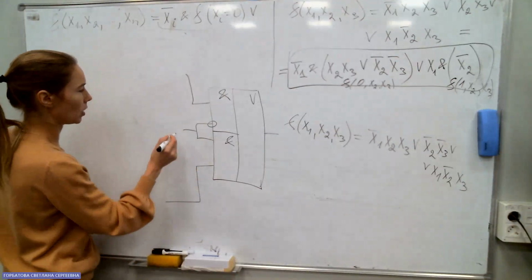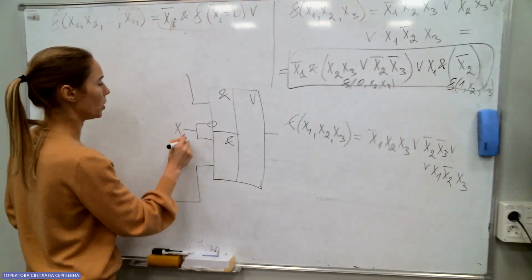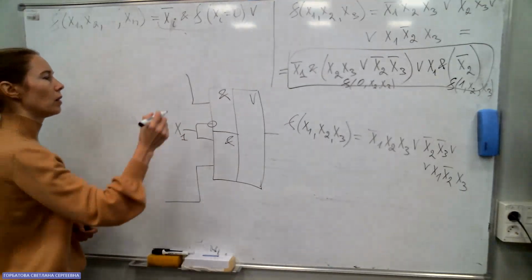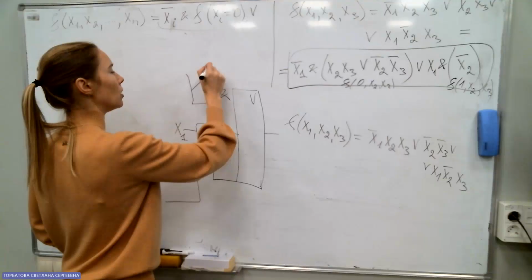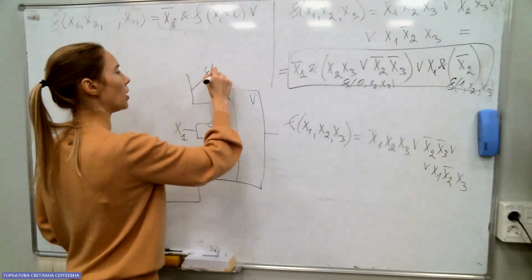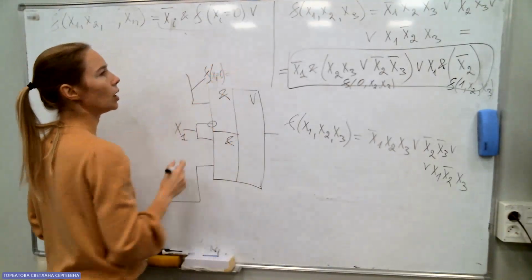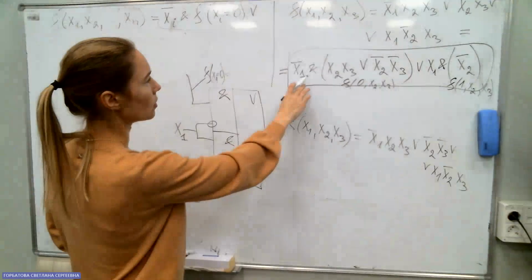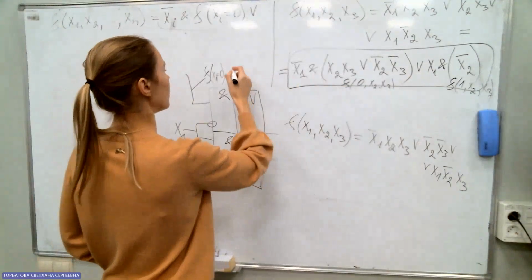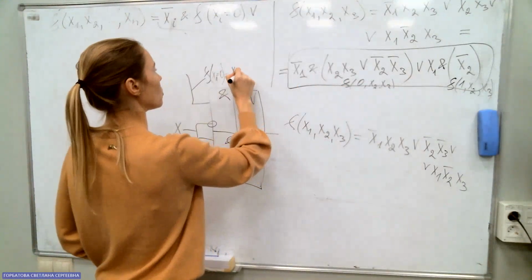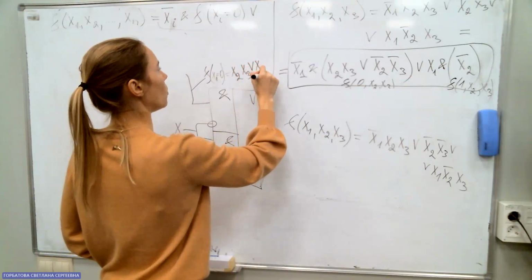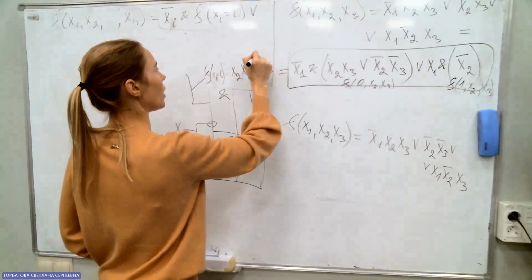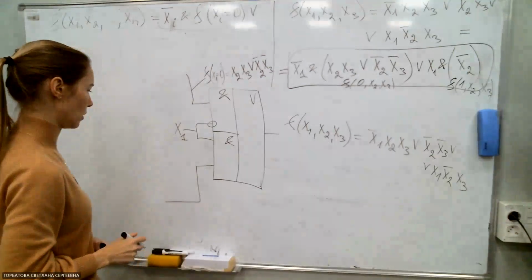So we eliminate x1. Then here will be f of x1 equals 0, which is x2, x3 disjunction, not x2, not x3.